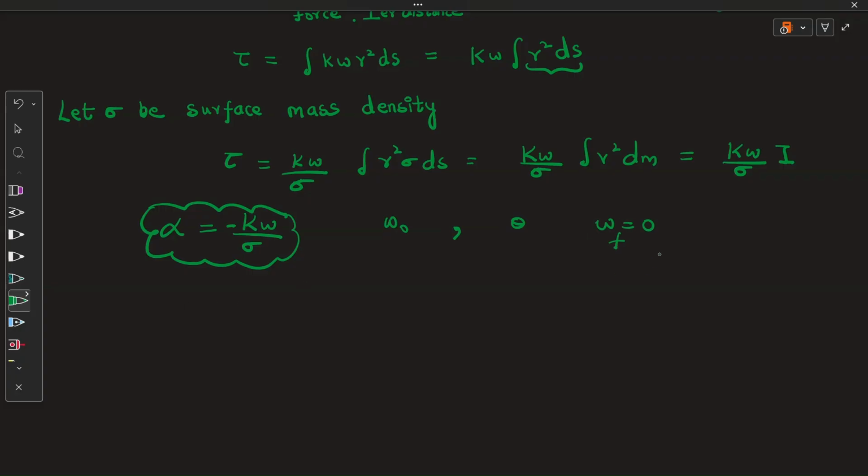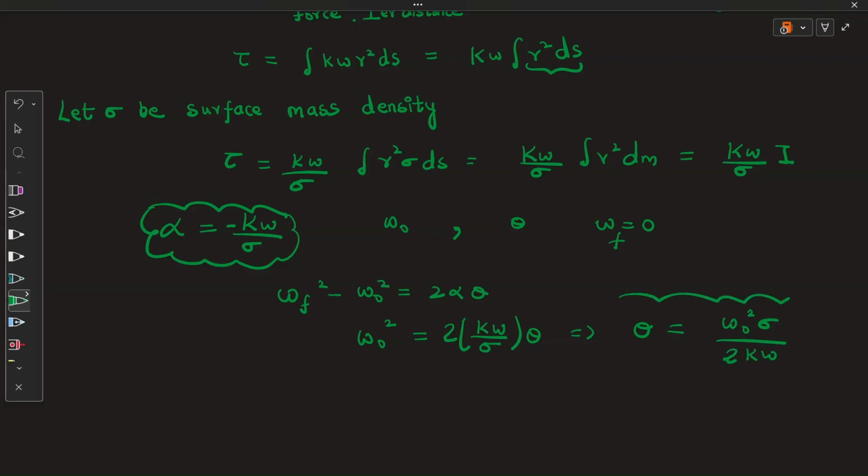Omega final is 0. So omega final square minus omega naught square is nothing but 2 alpha theta. Final is 0, so minus omega naught square equals 2 into k omega by sigma into theta. So theta is omega naught square sigma by 2k omega.